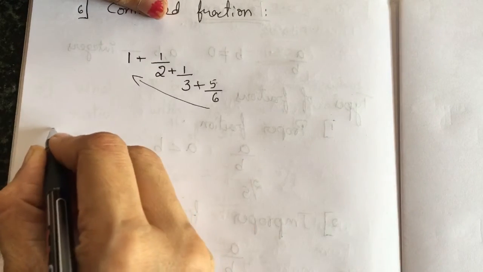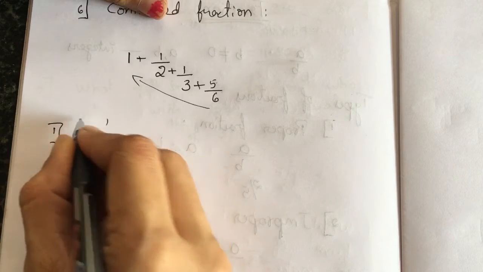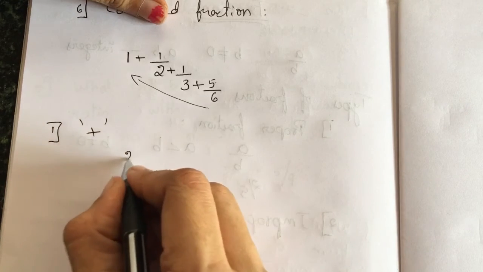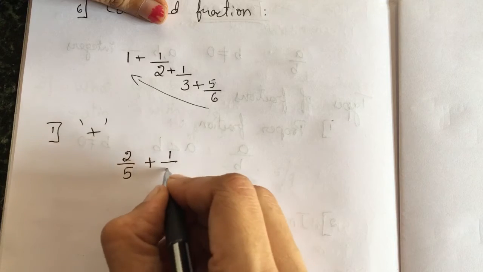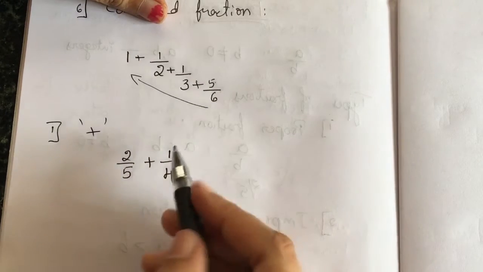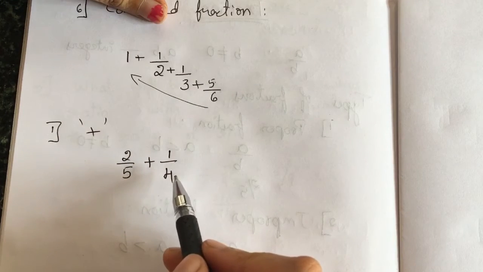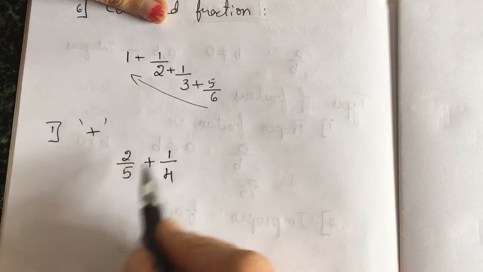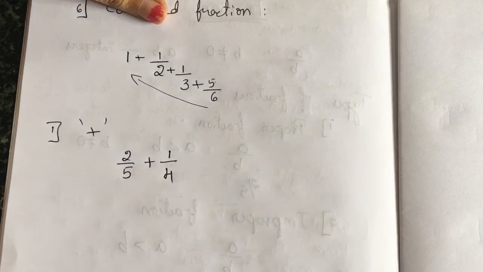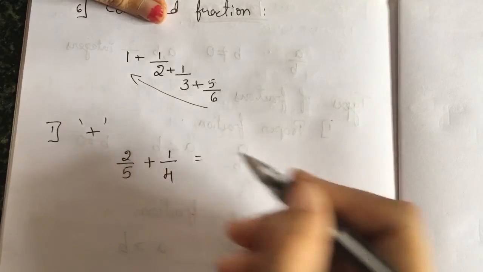First one is addition. How we do the addition, say 2 by 5 plus 1 by 4. Okay, see these two are not like fractions, they have different denominators. If that is the case, you need to calculate the LCM of these and then add them.